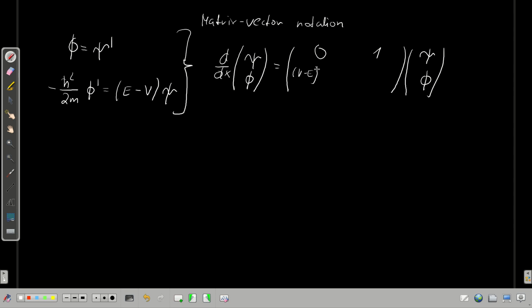Write this expression again here. And here it's also 0. And for simplicity, I define that A is this matrix here.